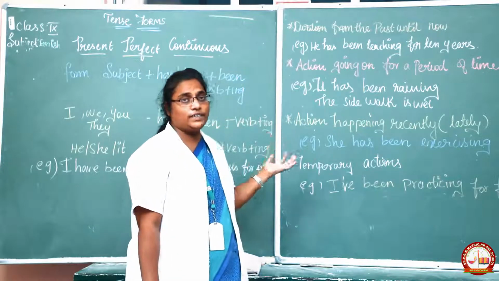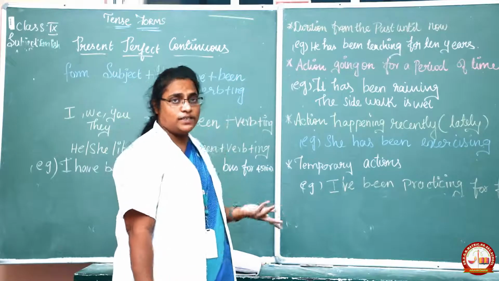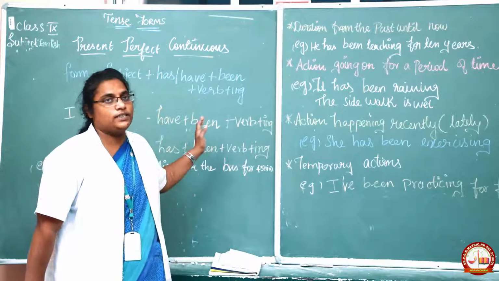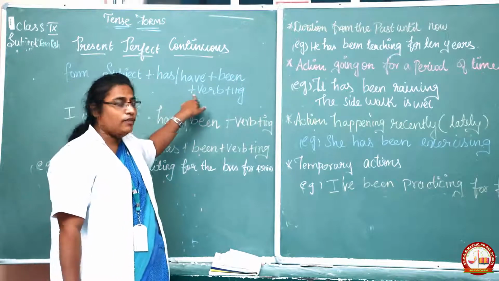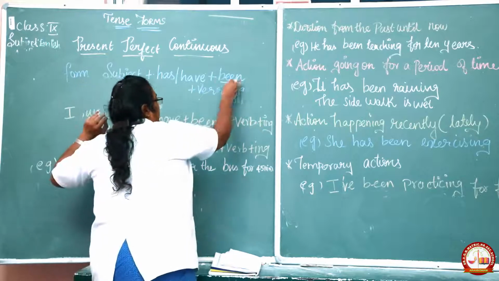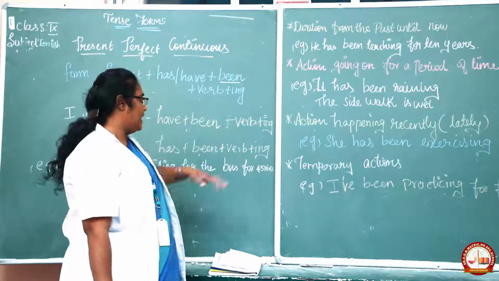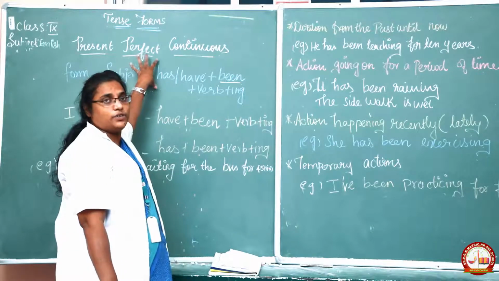Whereas in the perfect tense, we have seen the subject, has or have, then past participle. But in present perfect continuous tense, you have to use subject, then has or have, then been, plus the main verb plus ing. So this is the formation of present perfect continuous tense.